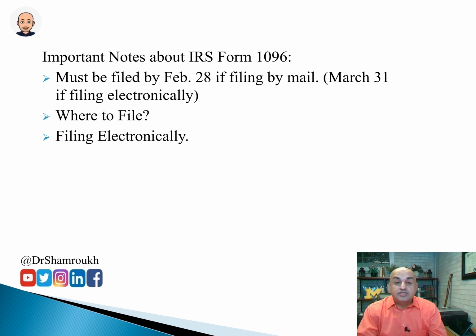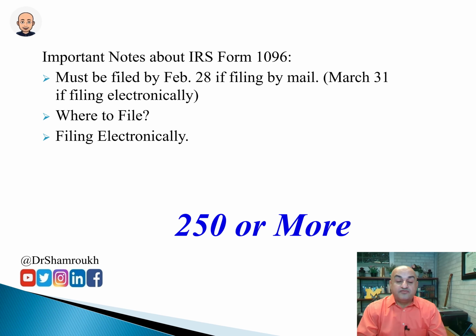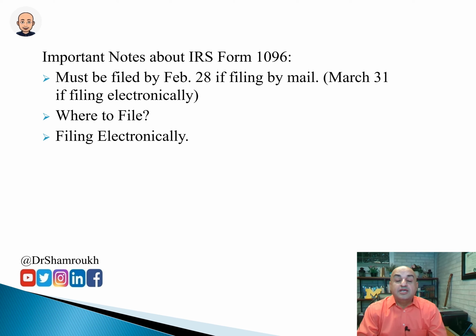So if you have 250 1099s, which means 250 workers did a job for you during the year, and you need to report them with the 1096, then you must do it electronically.